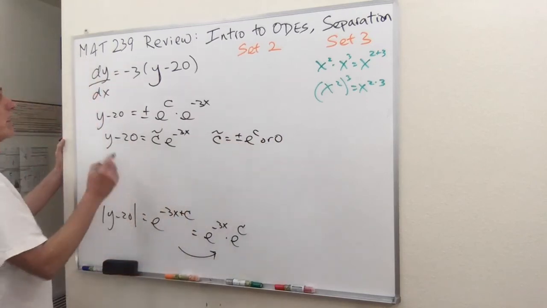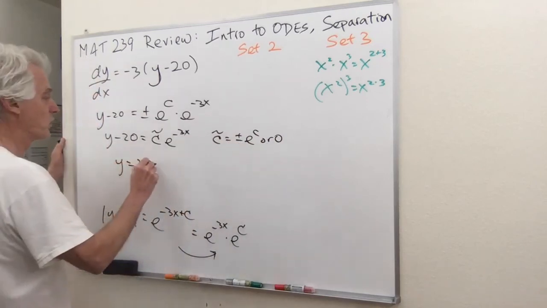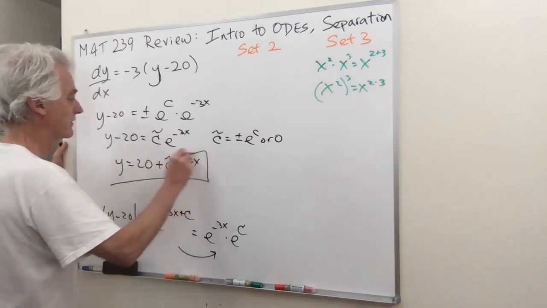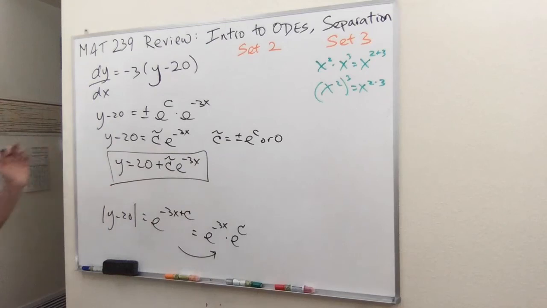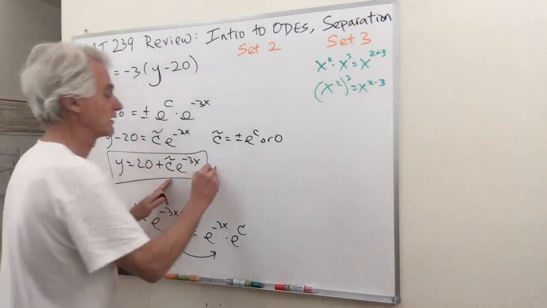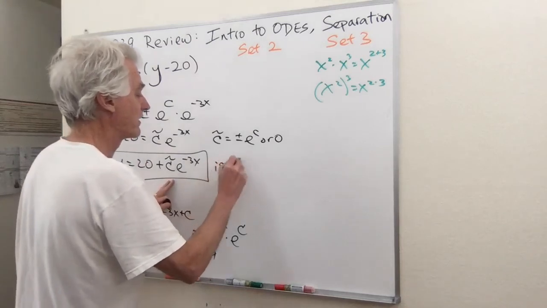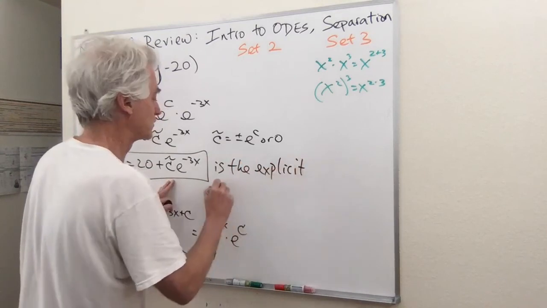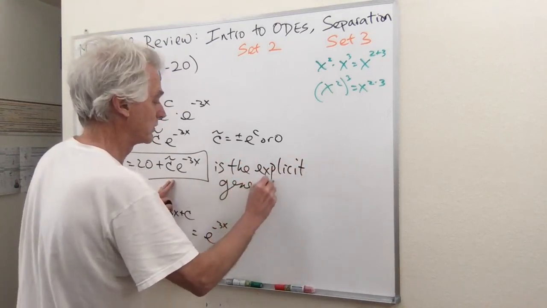Okay. So that means that y is 20 plus c twiddle e to the minus 3x. Okay. And whether I call it c or c twiddle, it's an arbitrary constant. So this is the explicit general solution.